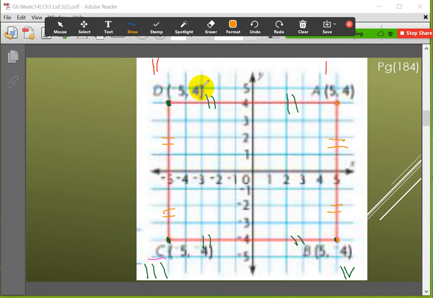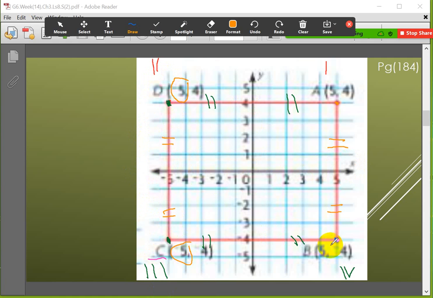So when two points have the same x and the y values are opposite, each one is a reflection of the other, and the x-axis is a line of symmetry for those 2 points.